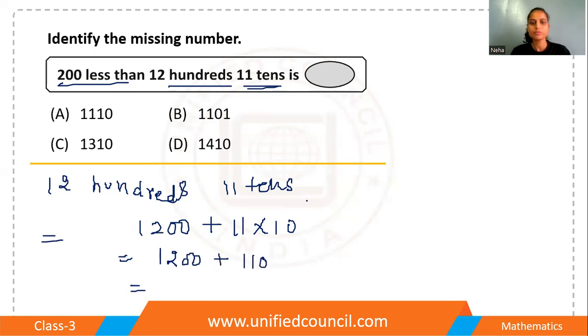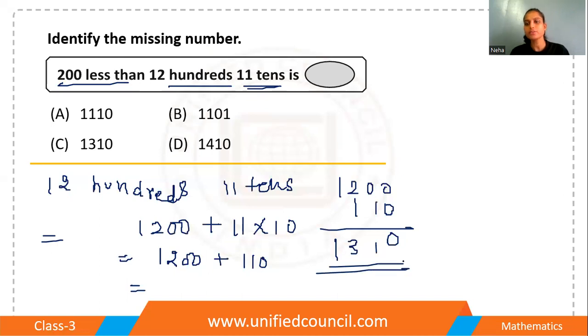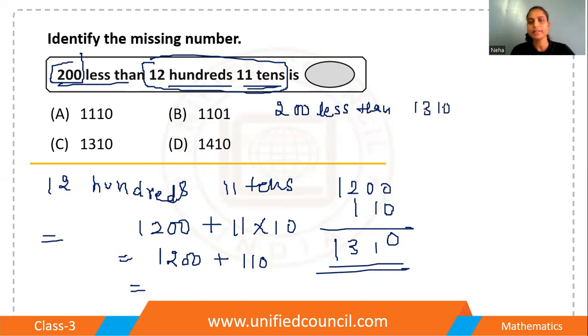Okay, so this is 1200. This is 110. So 0, 1, 3, and 1. 1310. The question is asking 200 less than 1211 tens. That means now I can write it as 200 less than 1310. Yes. Okay, that means I have to subtract the numbers, right?